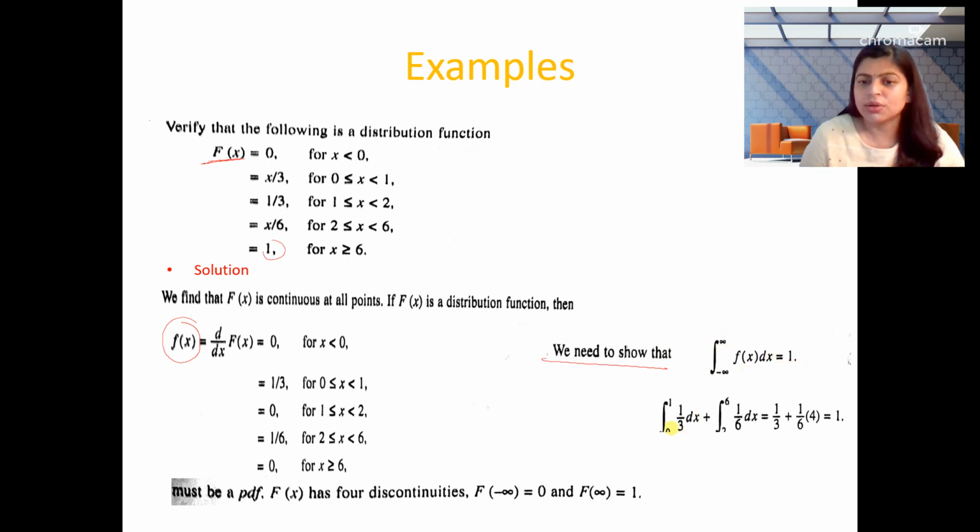So in this example, you can see the lower limit starts from 0 to 1, and then it is 0 from 2 to 6, and if you integrate it, you will get 1. So it verifies that this is a CDF of some PDF.